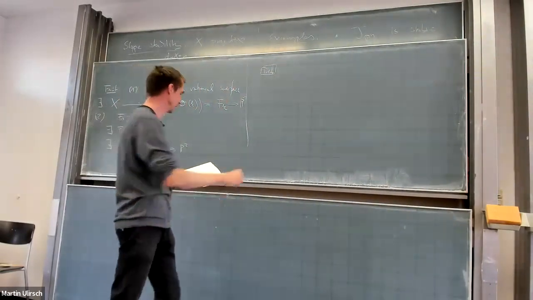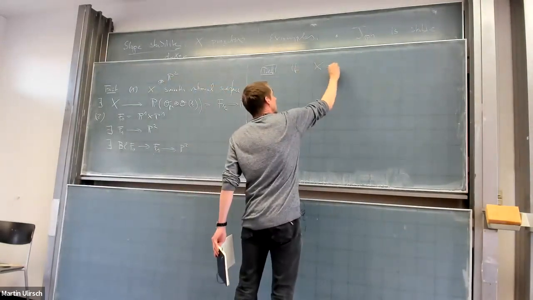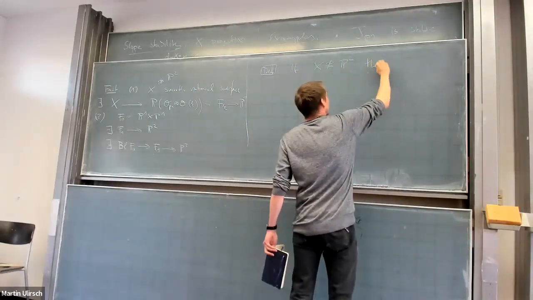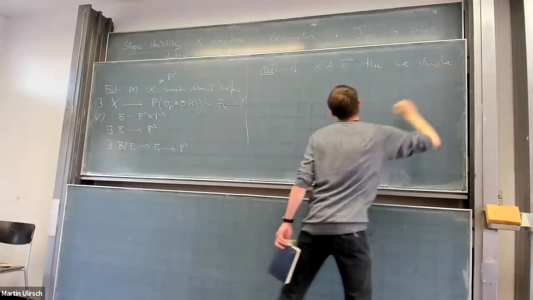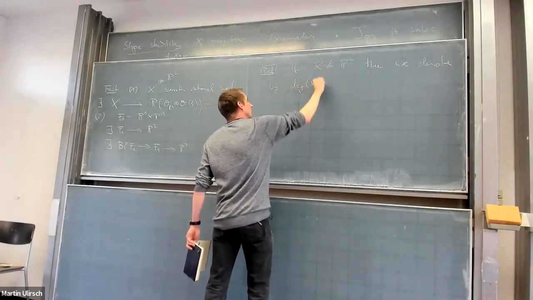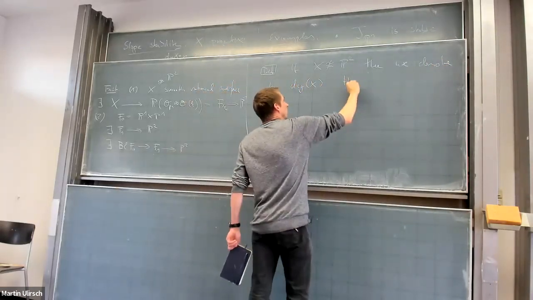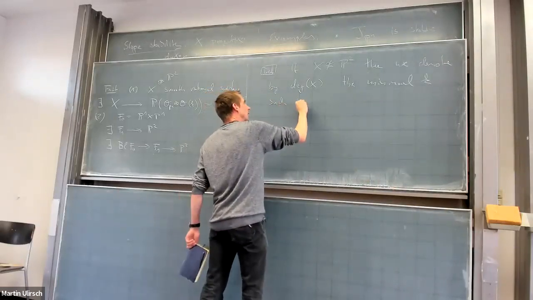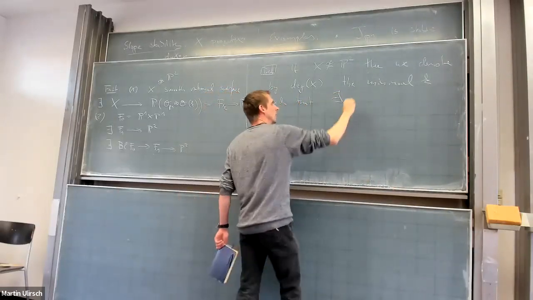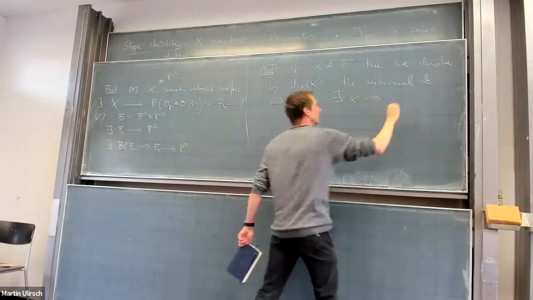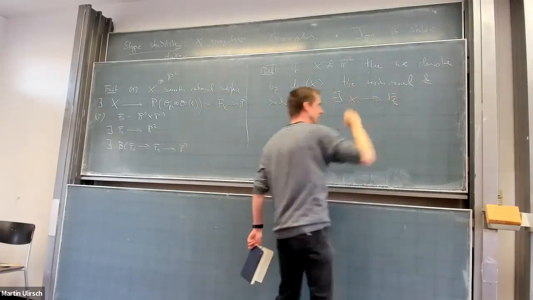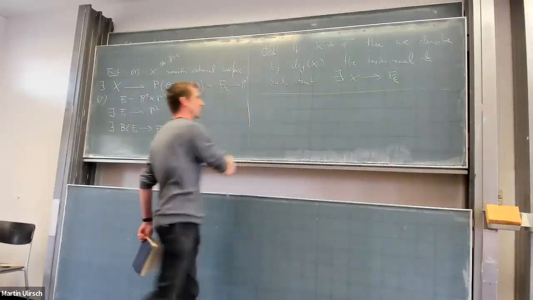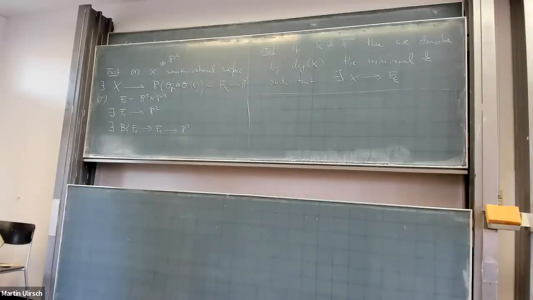So if X is not P2, then we denote by degree of X the minimal k such that there exists a morphism from X down to Fk. Is this fine?